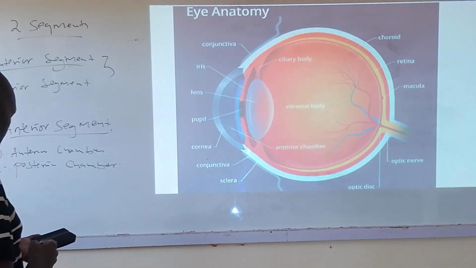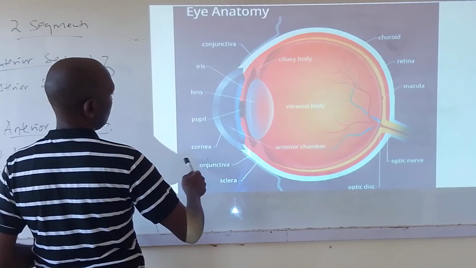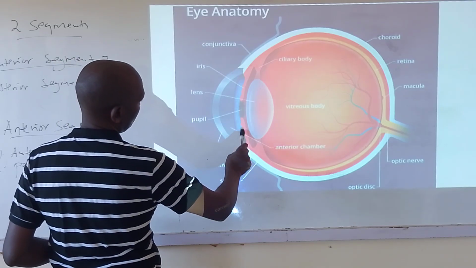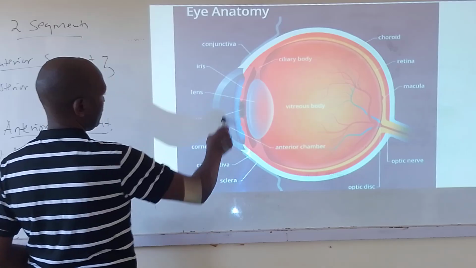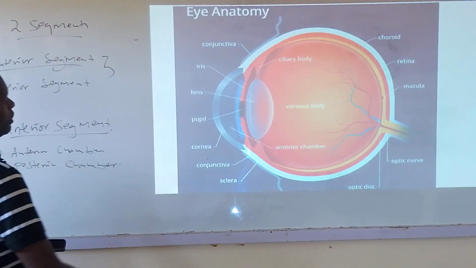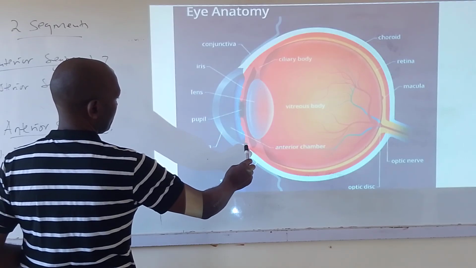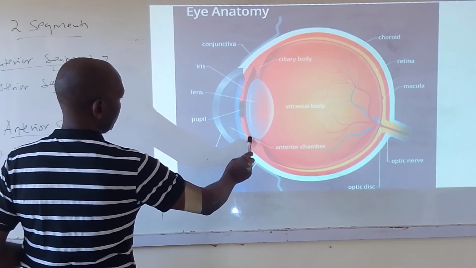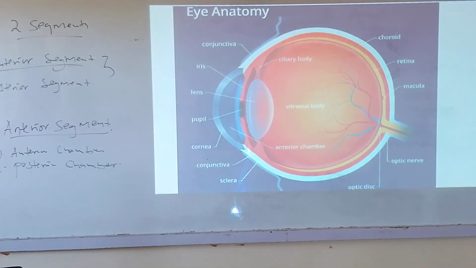So the anterior chamber is the space from the cornea here all the way to the iris here. This space here is the anterior chamber of the anterior segment. While this space between the iris, the iris body, the ciliary body, all this space here, from the iris all the way to the anterior aspect of the lens, is the posterior chamber.